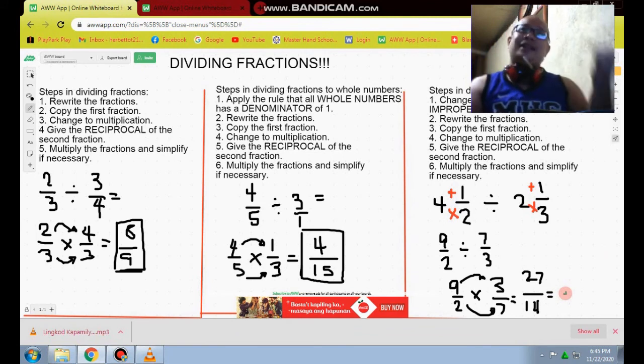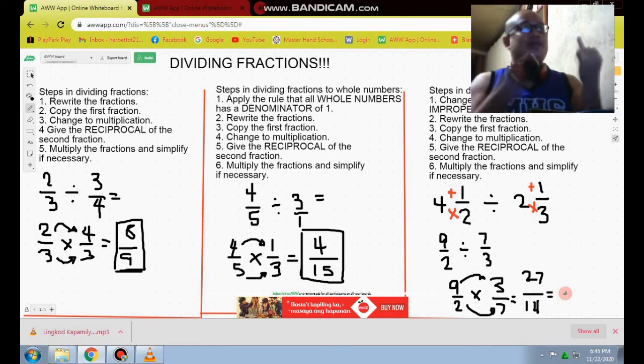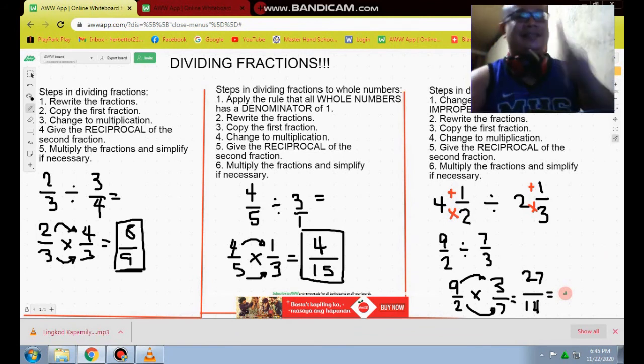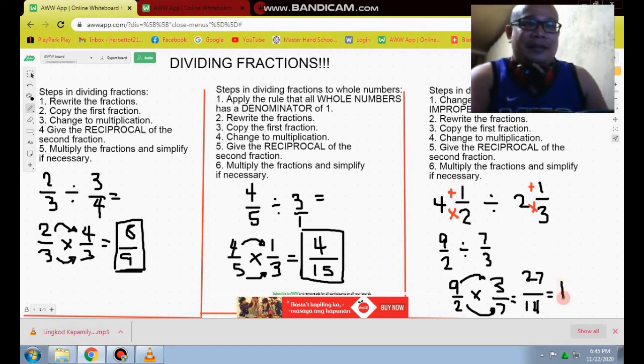So, 14, 28. Okay, so sobra na. So, isa lang. Isang 14 lang. Then, next is 27 minus 14. So, 27 minus 14 is we have 13. So, yun yung magiging numerator ninyo. And then, copy the denominator, which is 14.